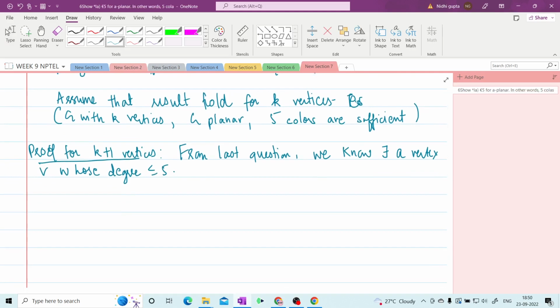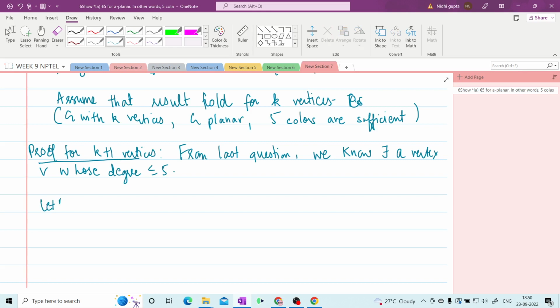So we are doing induction, trying to find a vertex which we can remove, and then apply the induction hypothesis and somehow relate 5 colors. In the last question we have already shown that there is a vertex of degree at most 5, so let's try removing that vertex.